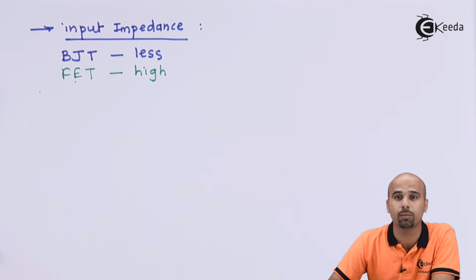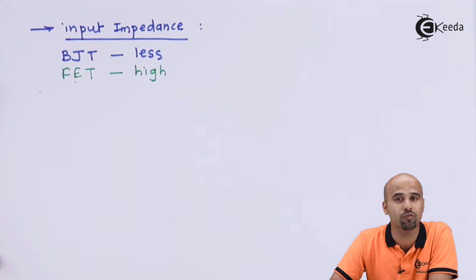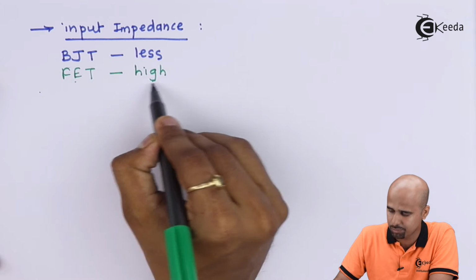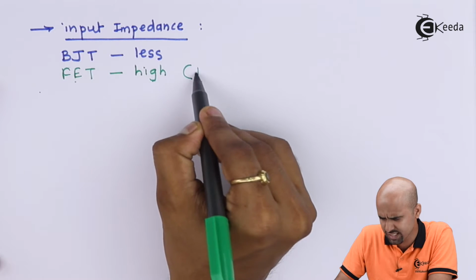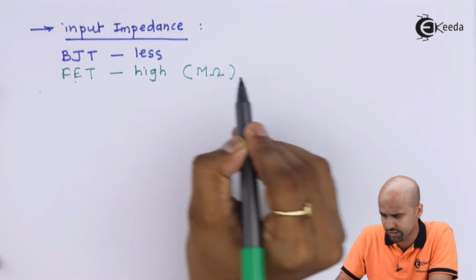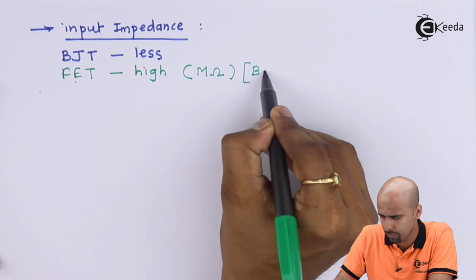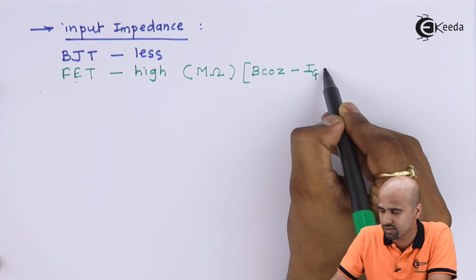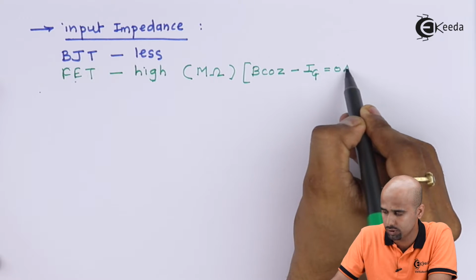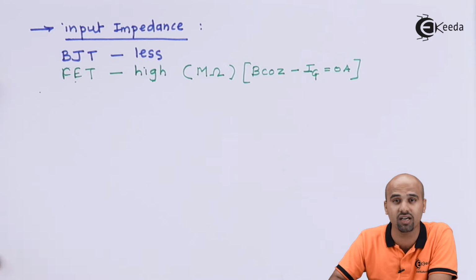So if I compare BJT and FET, FET is more preferred for amplification than BJT. One more reason behind this high input impedance, which is in the form of mega ohms, is that your gate current is 0. We don't have any gate current.